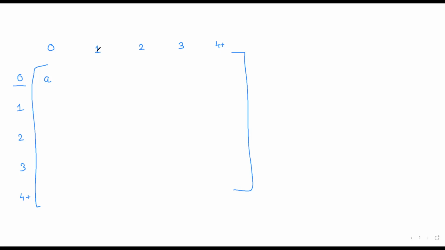Similarly, if I want to be in the state where 1 passenger is waiting when the next pod arrives, it means that in the last 2 minutes, exactly 1 passenger has arrived at the terminal exit. The probability of this is B. Similarly, for 2 it is C, for 3 it is D, and for 4 plus it is E.